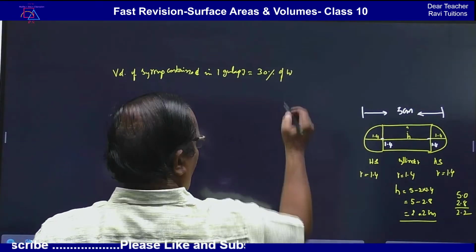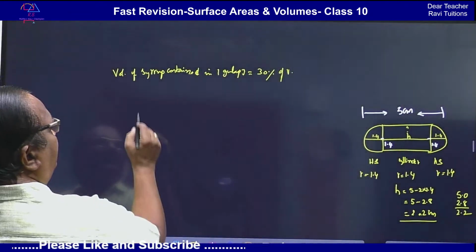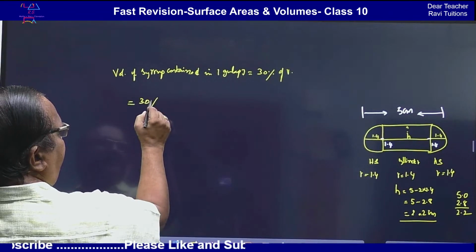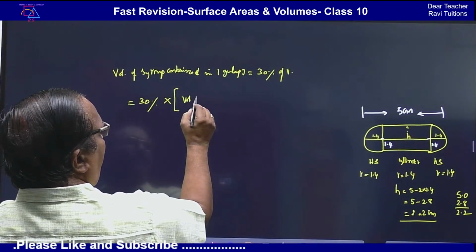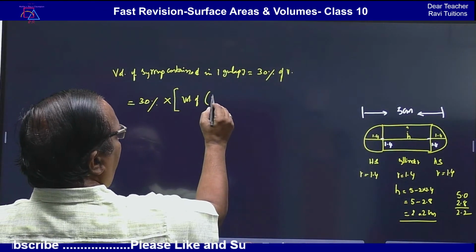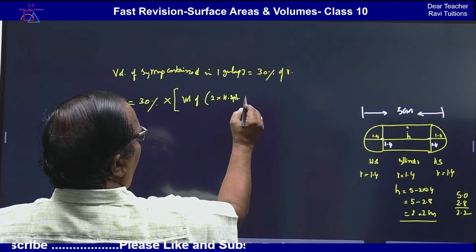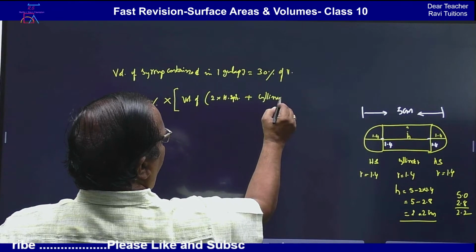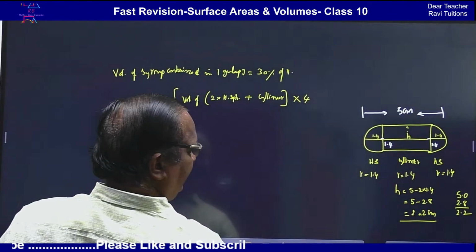Okay, 30% of volume. So that means 30% into volume, where volume is the volume of two hemispheres plus cylinder, into 45 gulab jamuns. Okay.